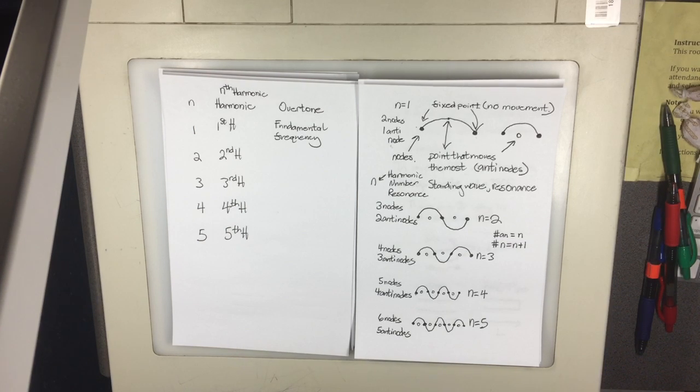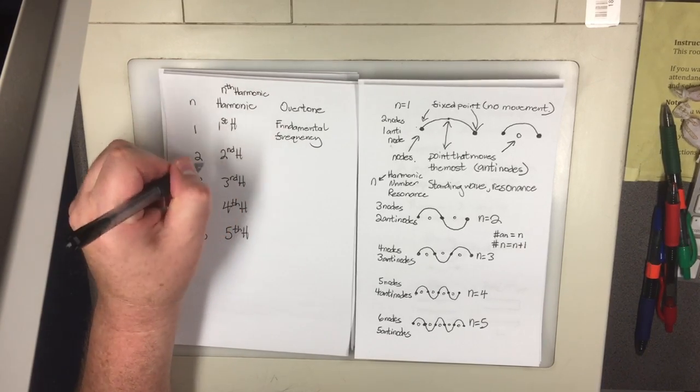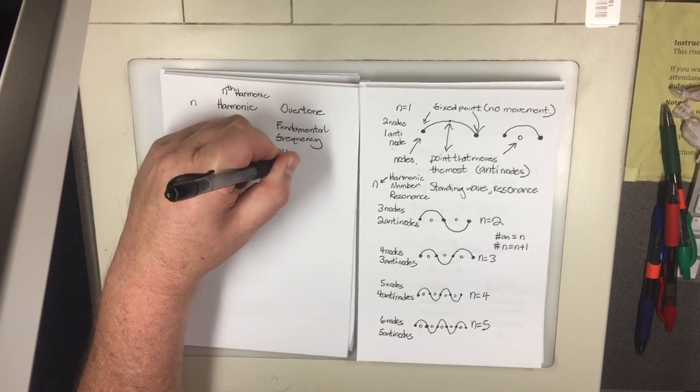N equals 1, is it first harmonic or fundamental frequency? It can be either. Now, once you pick the harmonic system, you tend to stick with the same naming convention. If you pick the overtone system, you tend to stay in that overtone naming convention. The first tone over the fundamental frequency is called the first overtone.